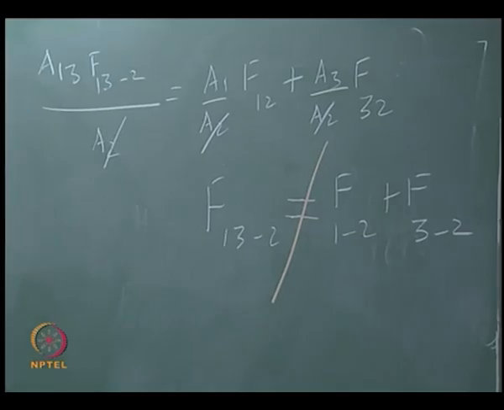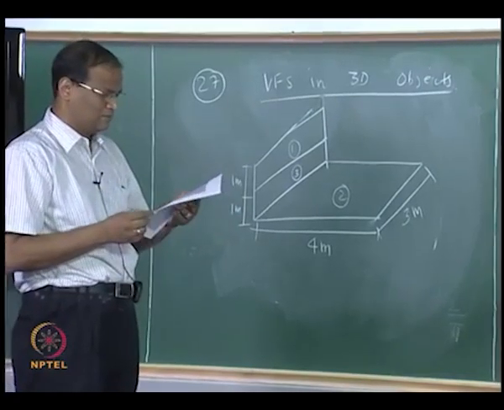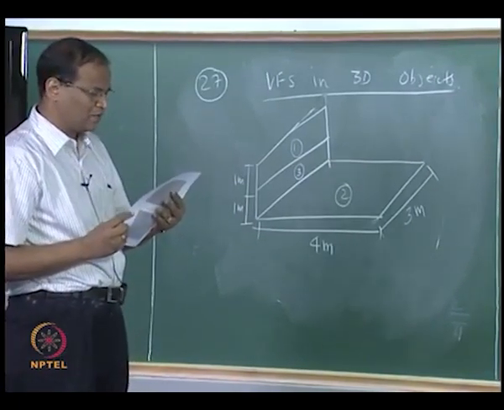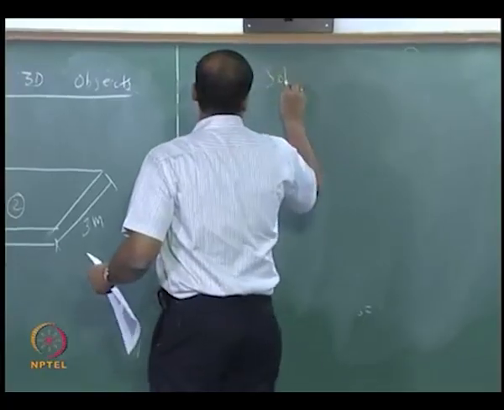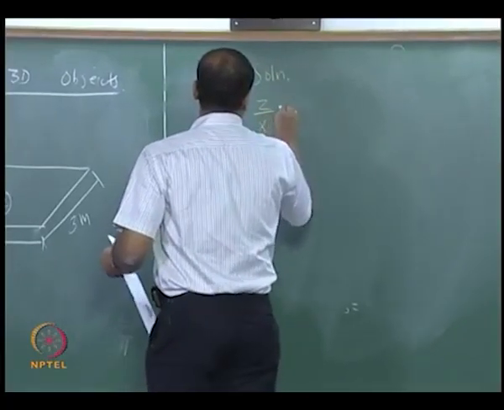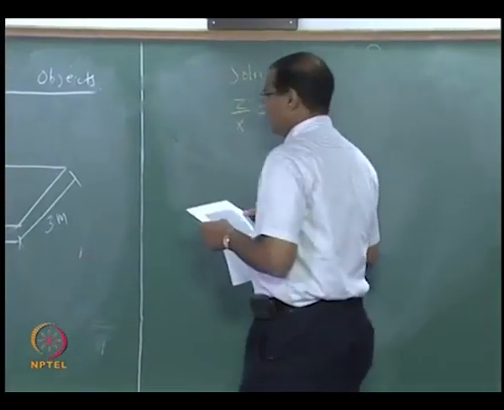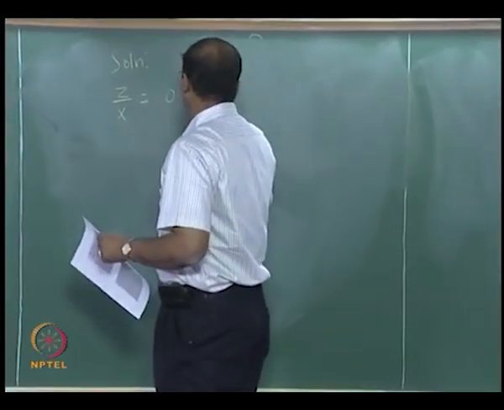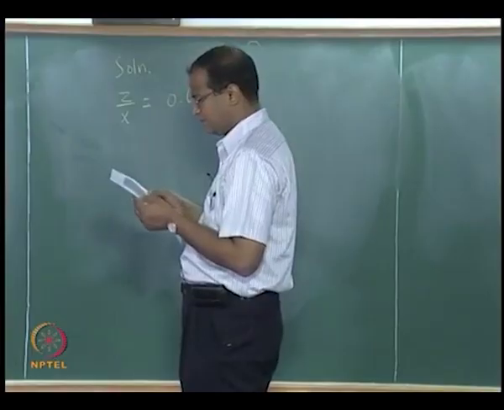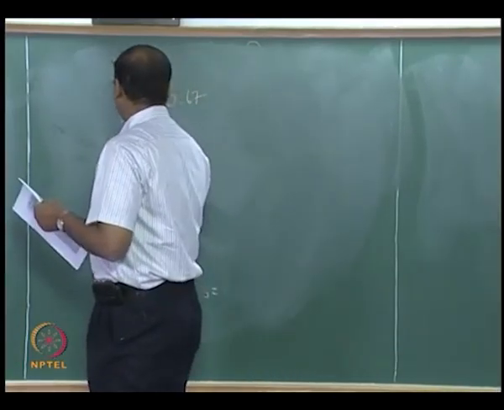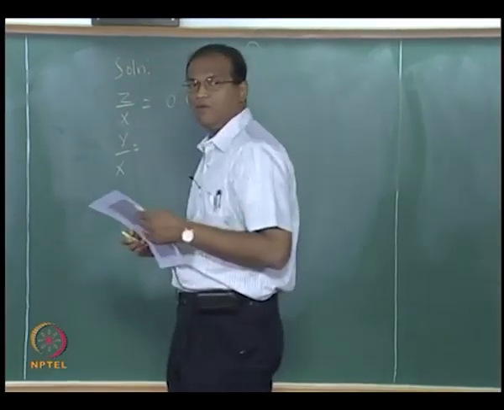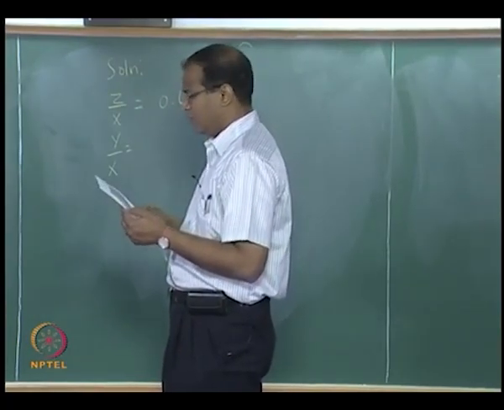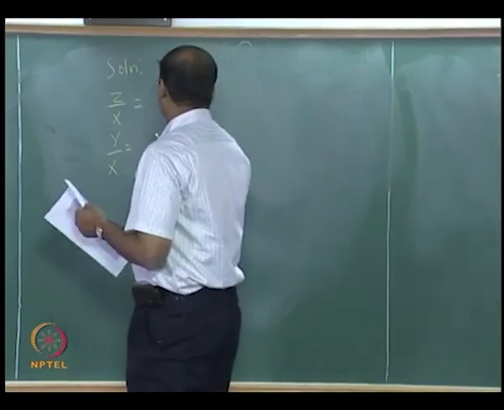You have to look at the chart, view factor for perpendicular rectangles. Okay, so what is Z by X? What is Z by X? 0.67, very good. Okay, and then what else is there? Y by X, how much was it? 1 point, what is Y? 4, no, oh, correct, okay.